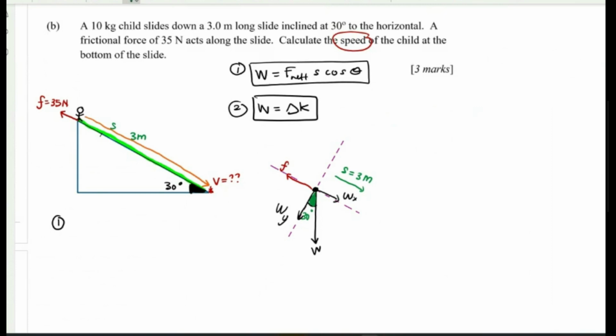Okay, jadi kalau kita nak kira the work done, so W, okay, the total work done is equal to F net S cos 0. F net tu daya bersih. So daya bersih tu mesti ke sini lah, mesti same direction dengan S. Sebab ada F net yang same direction dengan displacement S, sebab itu budak tu boleh turun sliding down sampai sini. Okay, sampai bottom of the slide. So cos ini adalah cos 0.